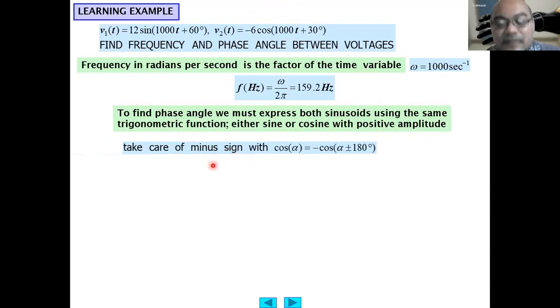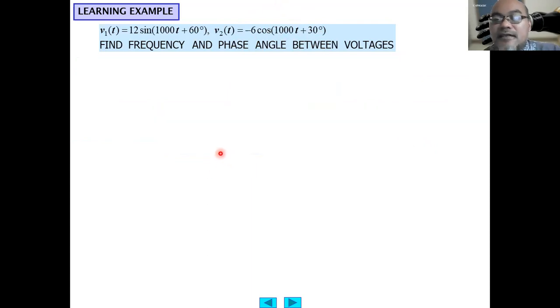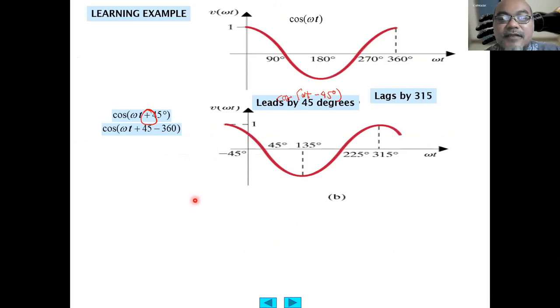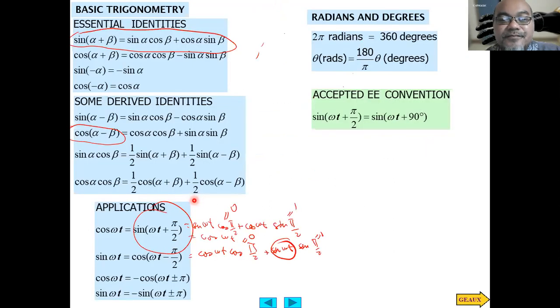For example, we use the identity formulas as given in this list, especially the bottom two equations: cosine omega t equals negative cosine omega t plus minus pi, sine omega t equals negative sine omega t plus minus pi.